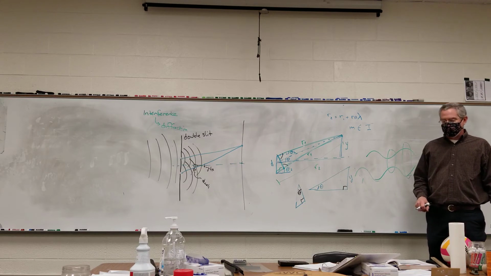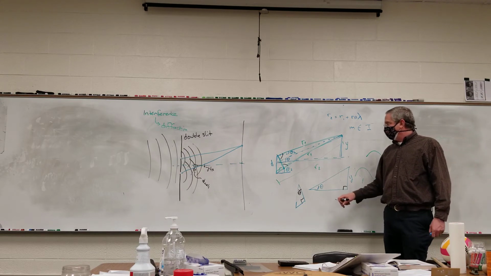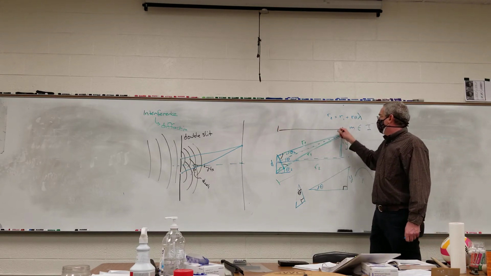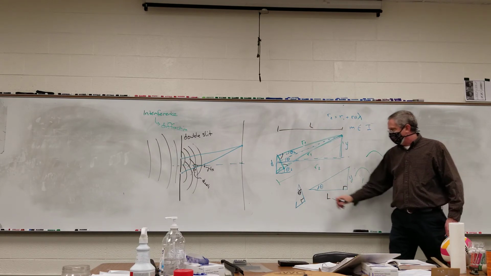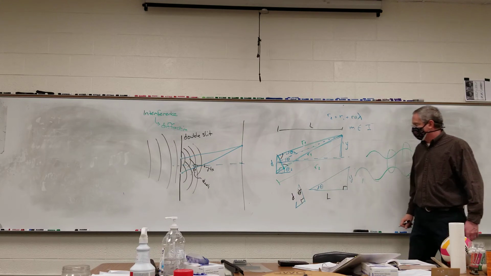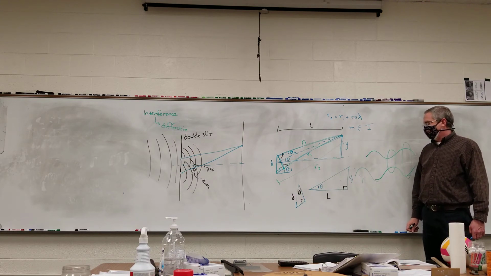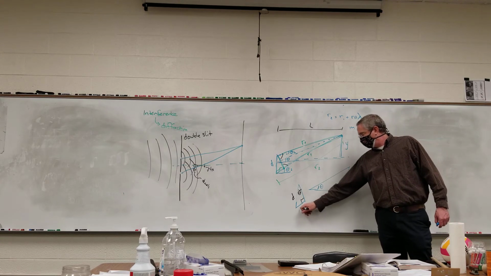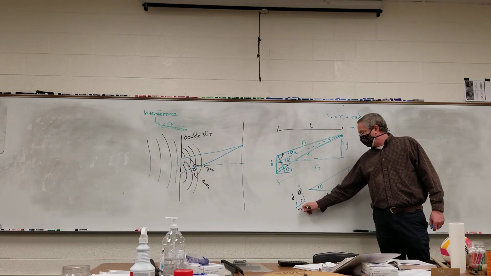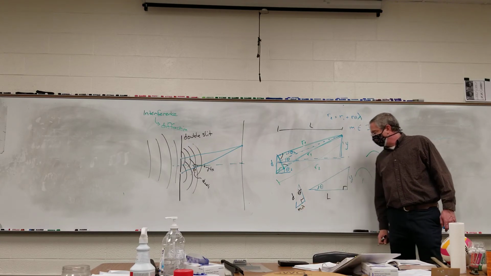And so we have similar triangles. If I make the distance from here to the wall L, this here is D, and this is equal to some integer times the wavelength.